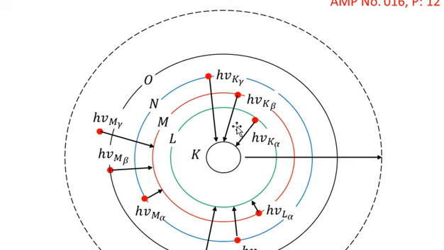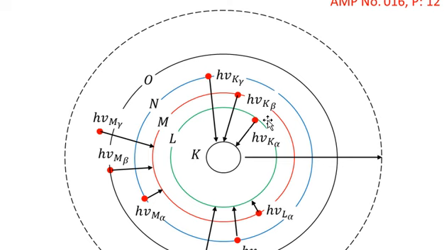And this whole series will not take place by the bombardment of only a single electron. Many electrons are coming, many holes are being created in the K shells, and many electrons are jumping from the outer shells to fill the vacancy of the K shell hole. To fill this vacancy, many transitions can take place.